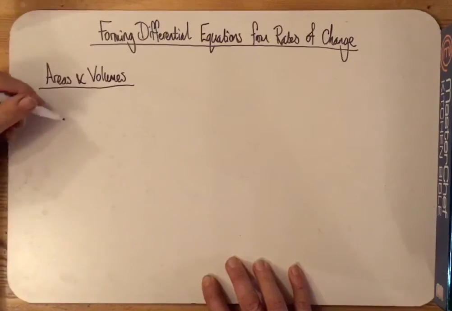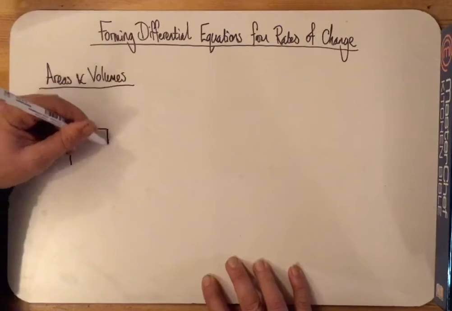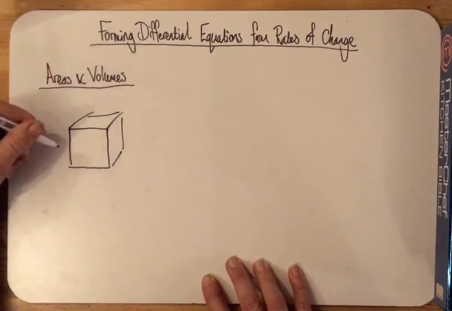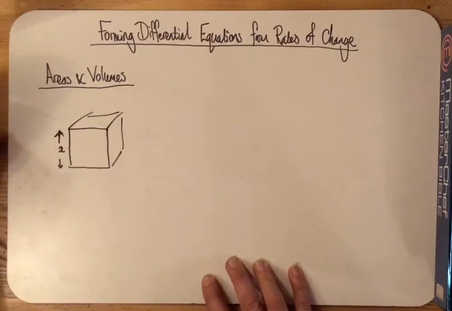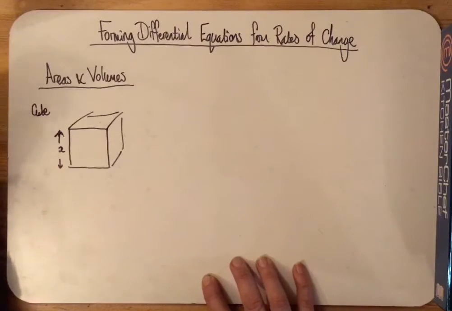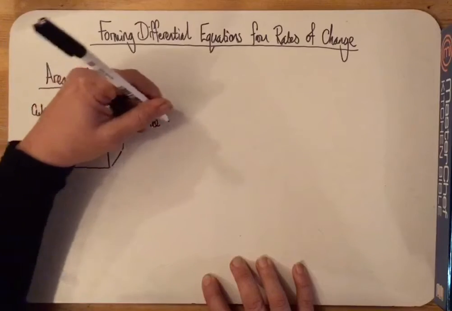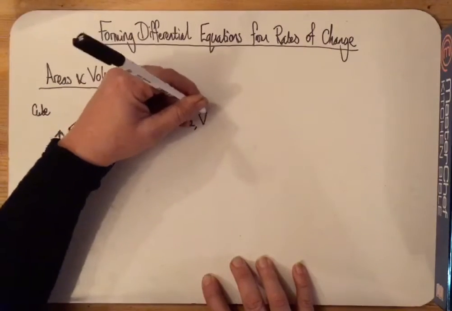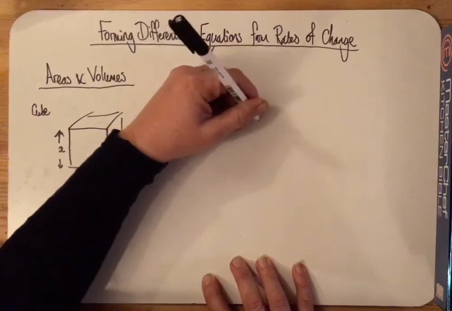As an example, we have a cube of side length x, and the volume increases at a constant rate.